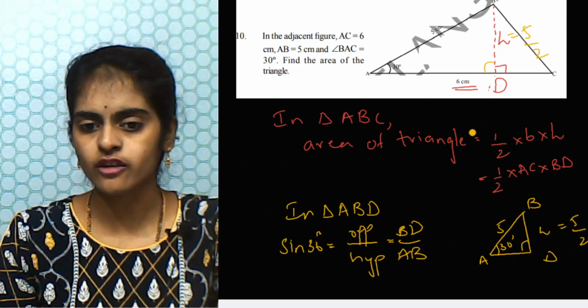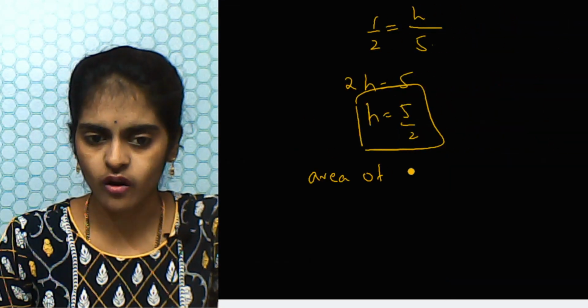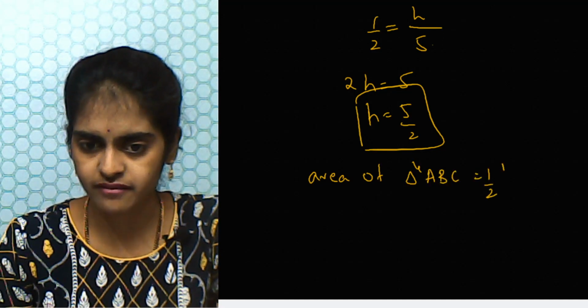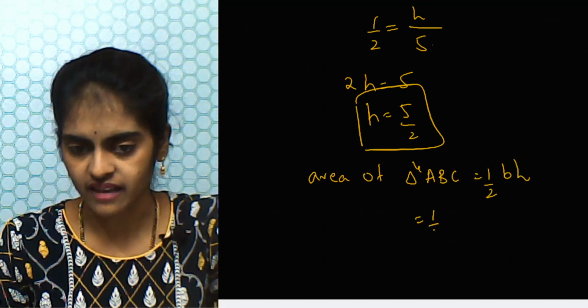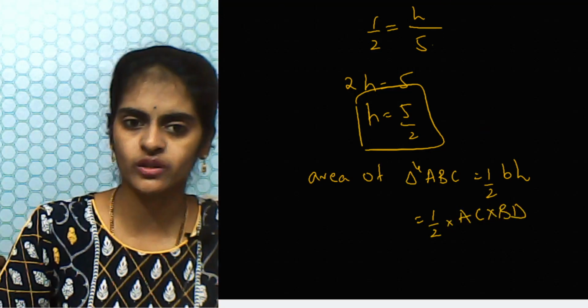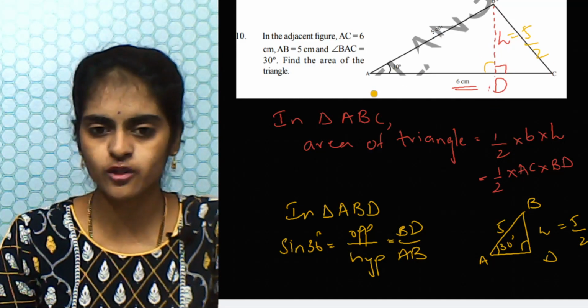Now area of triangle ABC is nothing but half base into height. Here the base is AC, height is BD. The base value is 6, it is already given in the question.